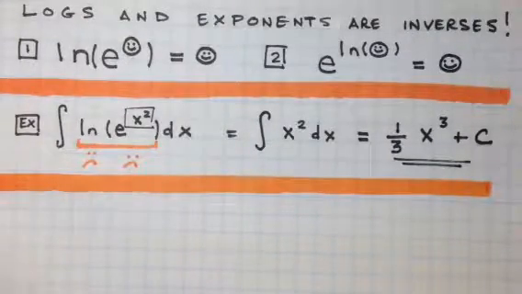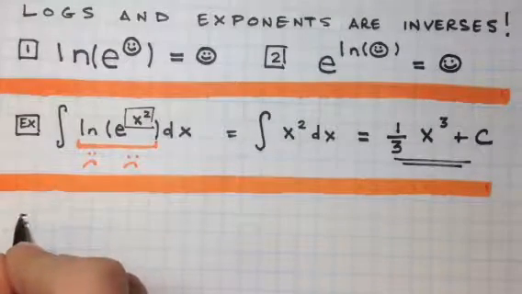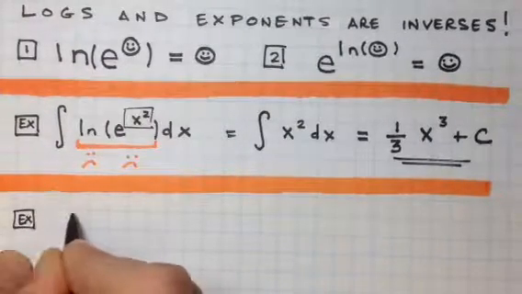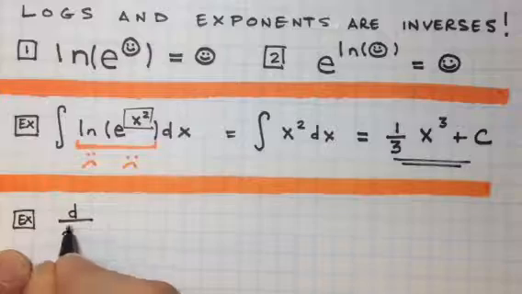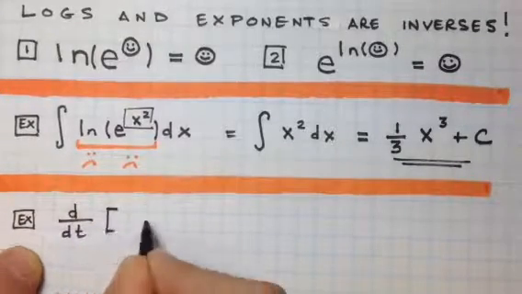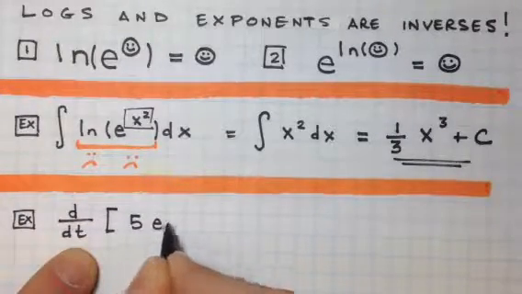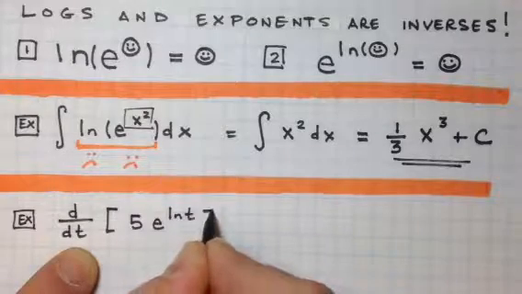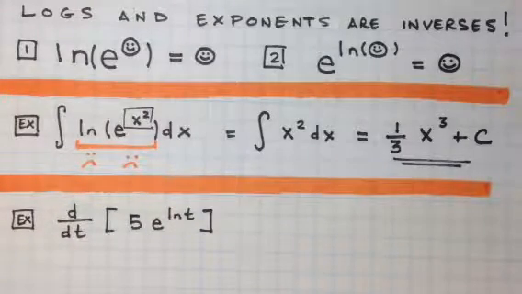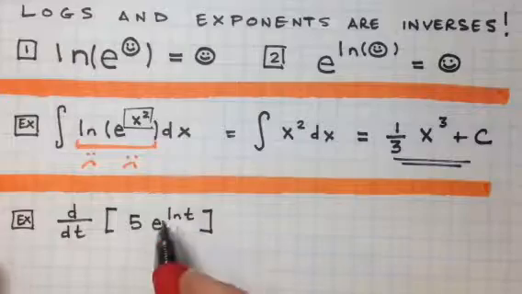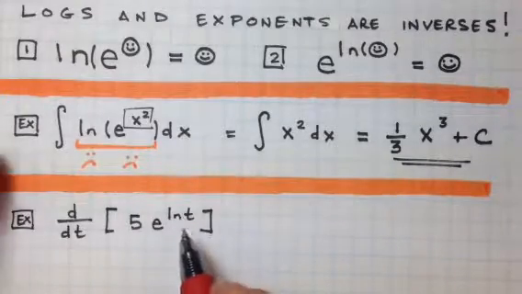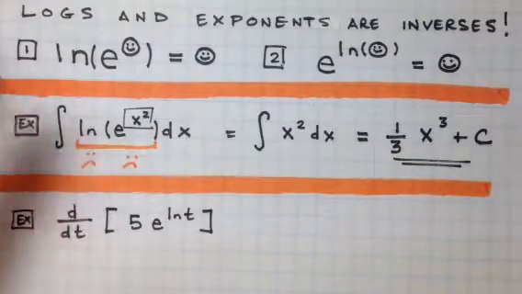How about another quick example? Let's take a derivative this time. The derivative with respect to t of 5e to the natural log of t. And so you could do this the long way, and if you did it, you'd still get the right answer, but it would be messy.